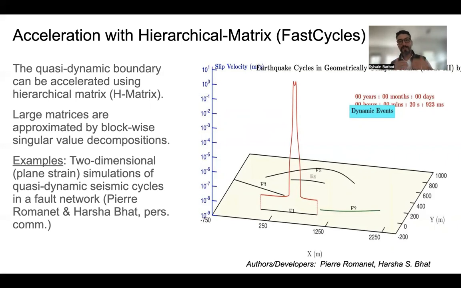This dramatically accelerates the calculation, leading to faster solutions. An example of this was provided by Pierre Romanet and Ari Sabat, describing the evolution of ruptures on a network of faults with structural complexity, where these calculations can be done efficiently.